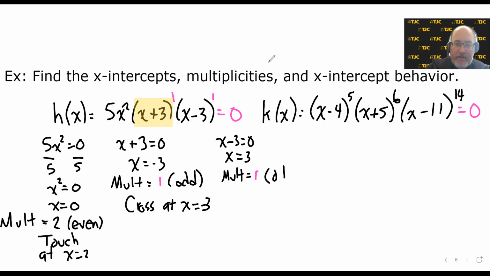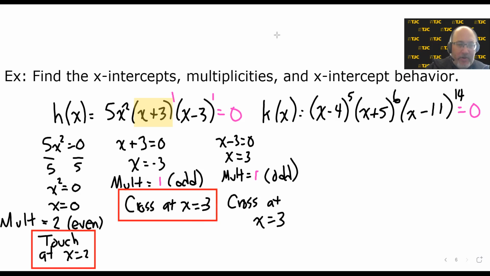When you have an odd multiplicity, that means you cross. So we cross at x equals 3. I'm going to put the results in the boxes, because these results are what we're going to use as a means for sketching graphs. And I'm going to move the other function to the next page because there's not enough room to do that here.